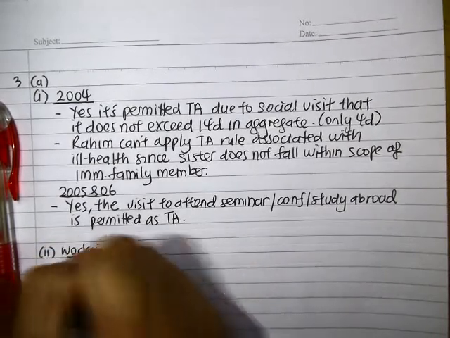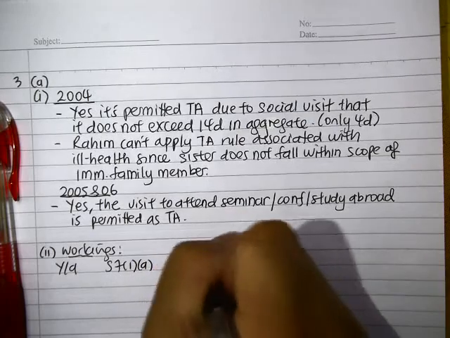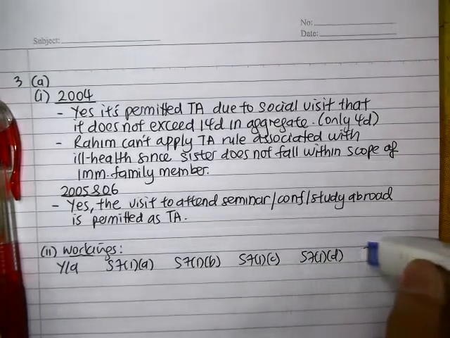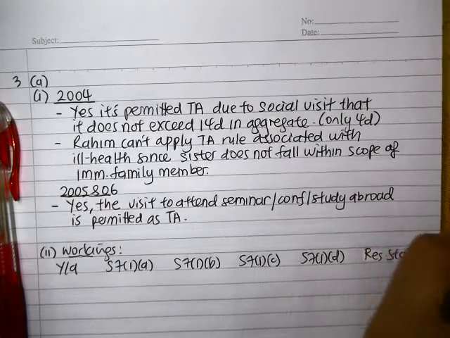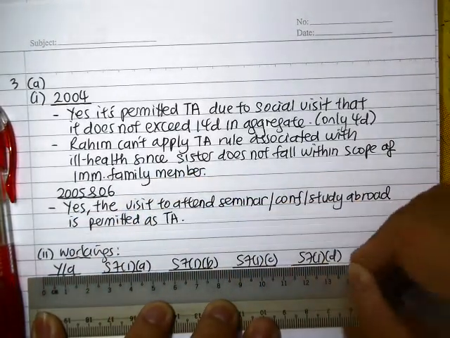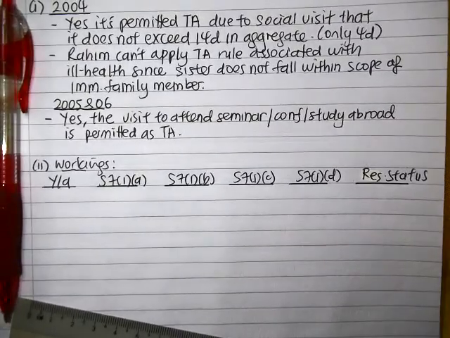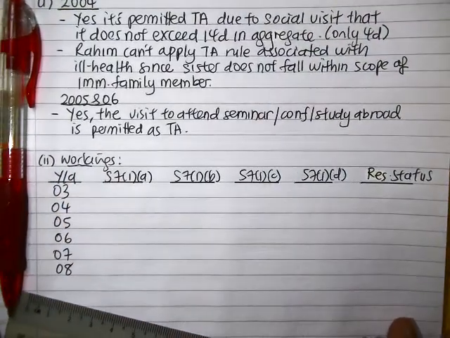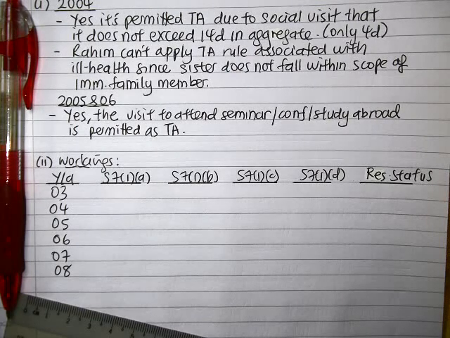Now we put down the year of assessment and then you put down all the 4 sections, A, B, C, D, and then whether Rahim is resident or not. 3, 4, 5, 6, 7, 8.